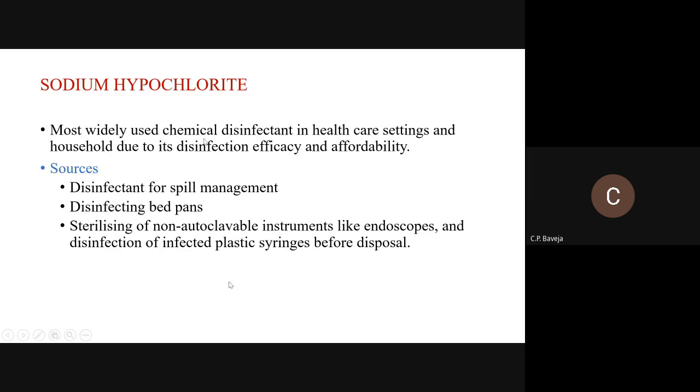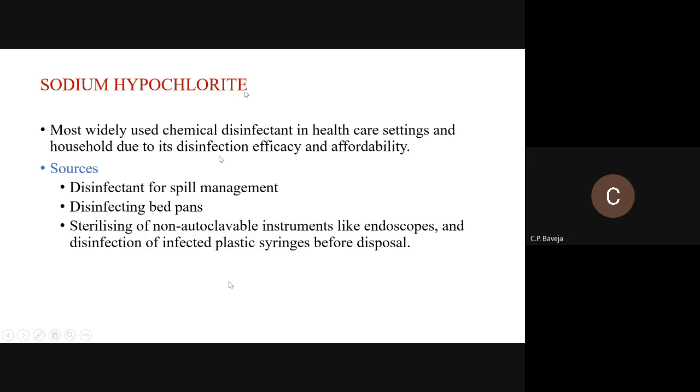Then coming to sodium hypochlorite, another disinfectant we very commonly use, especially in HIV laboratories, and even for blood and body fluids spill. It is the most widely used chemical disinfectant in healthcare settings and households due to its disinfectant efficacy and affordability.